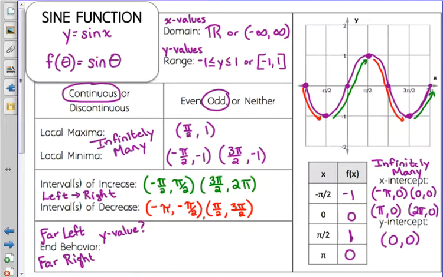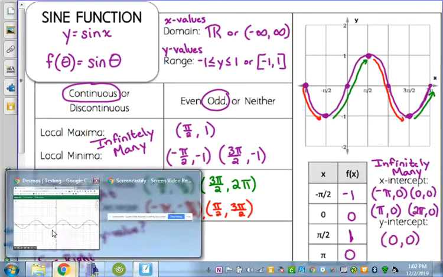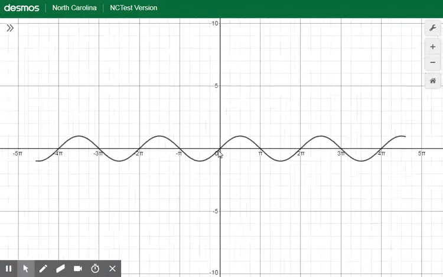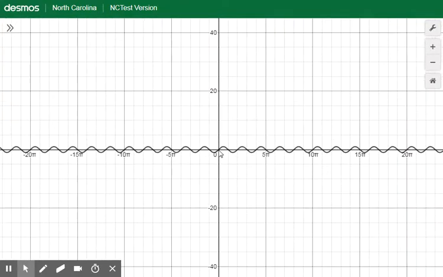So if we look at the far left side of this graph and the far right side of this graph, are we headed to one specific y value? Let me go back to this one. If I zoom out a little bit, if I go over here to the left as far as I can go, am I headed to one specific y value? No. What's happening? I'm continuously bouncing between -1 and +1.